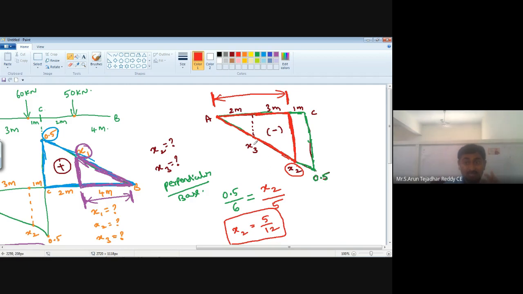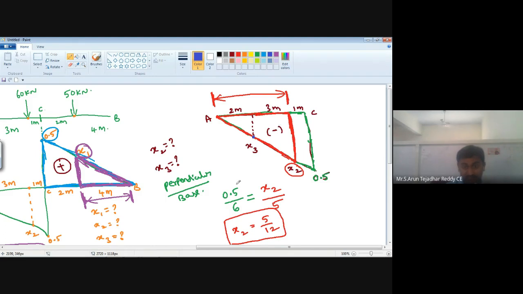Now we have the other unknown value, that is x3. I'll take thick blue color. At this point we have the other unknown x3 value. Find out this x3. How to find it? Same, from similar triangle. In that similar triangle, the bigger triangle is already 0.5 by 6, the green color mark.